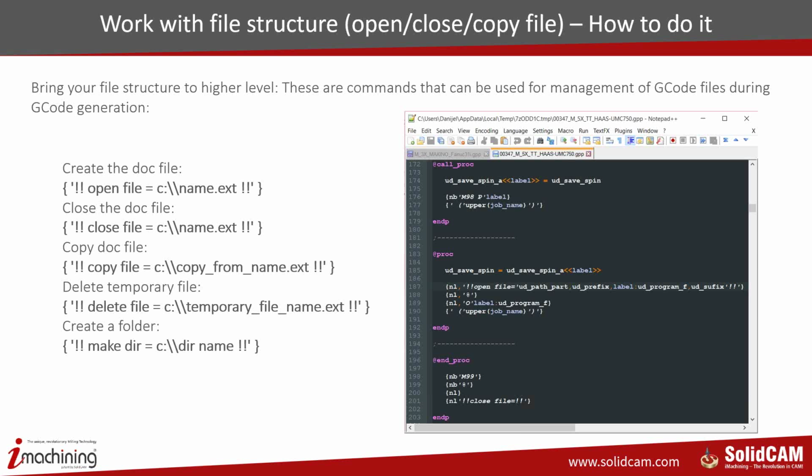And that can be pretty handy. One of the really good things is, for example, inside the start of the operation, you would like to copy the name of the operation, and at the beginning of the Gcode, you would like to print all the operations that you actually used in the generation of the Gcode. So this is one of the things.